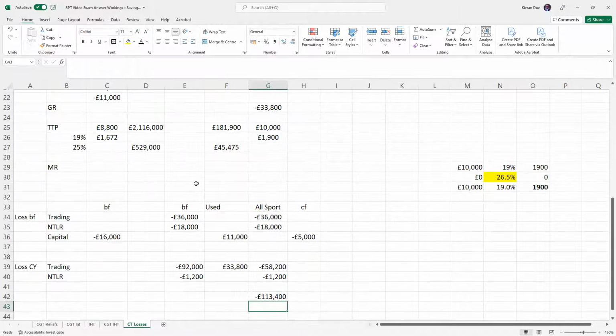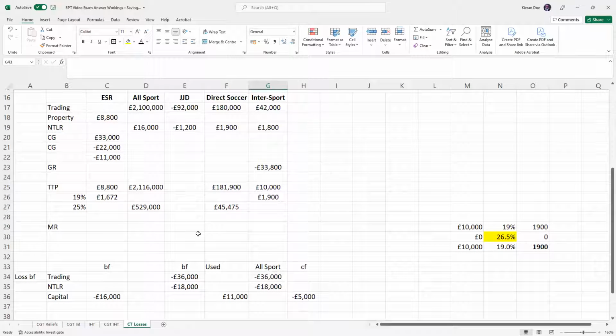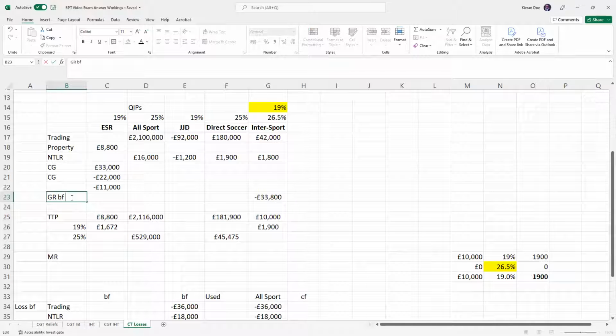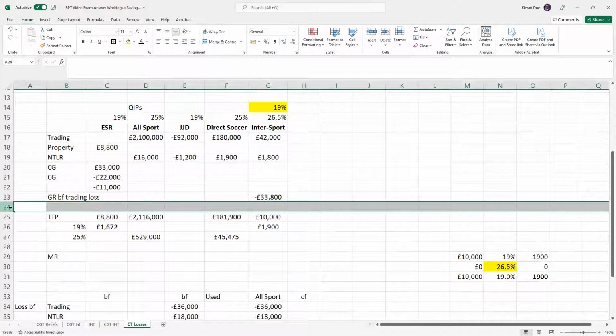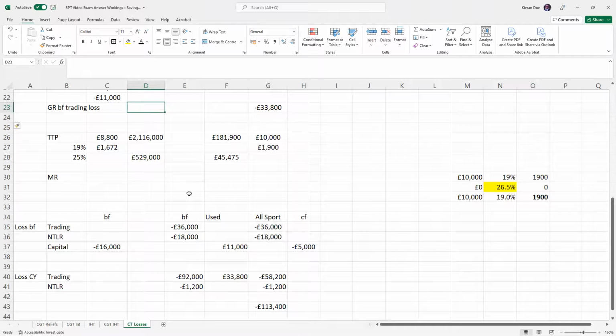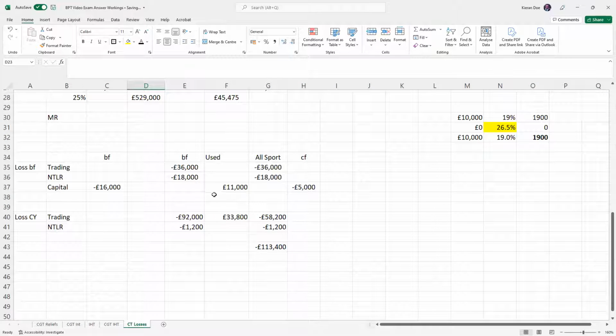You could split them out between the two just to perhaps be a bit clearer to the examiner. So we put group relief, brought forward, trading loss, and then you could show how the rest of that goes to All Sport.